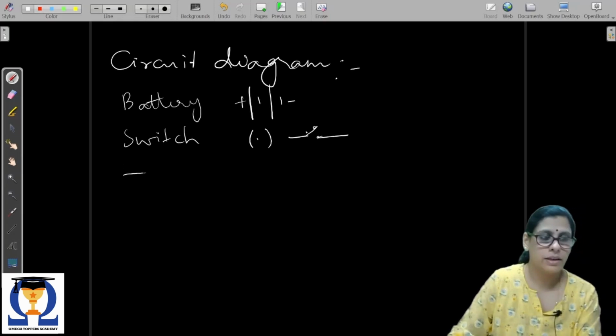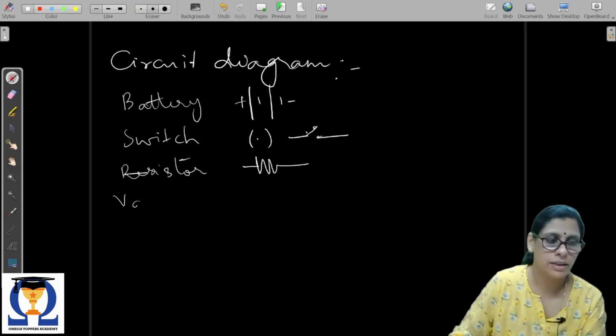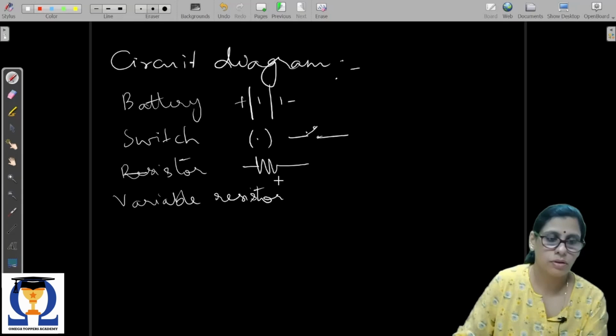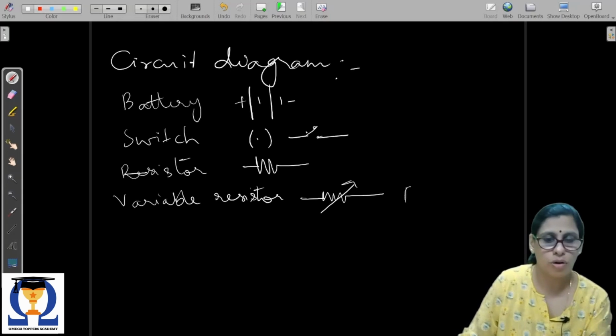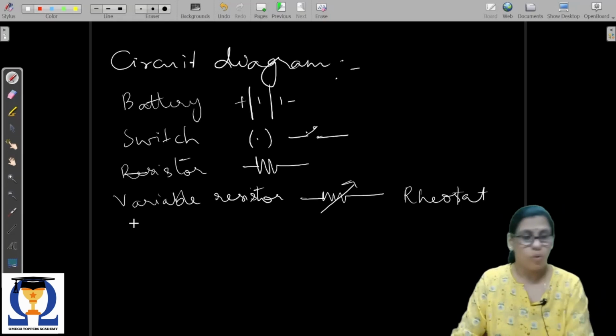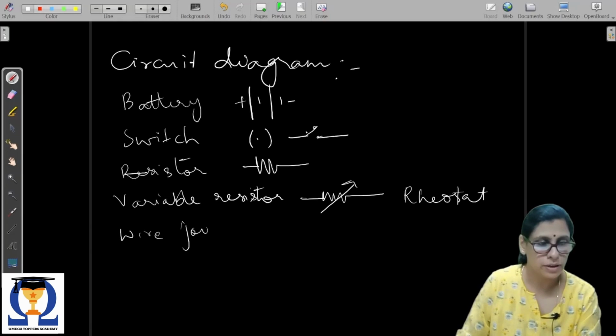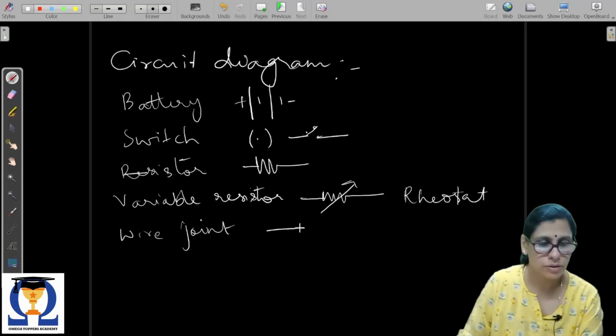Okay, and the resistor. By now we already know the symbol of the resistor, and there is a variable resistor, also called a rheostat. Then there is a wire joint, this is the wire joint.